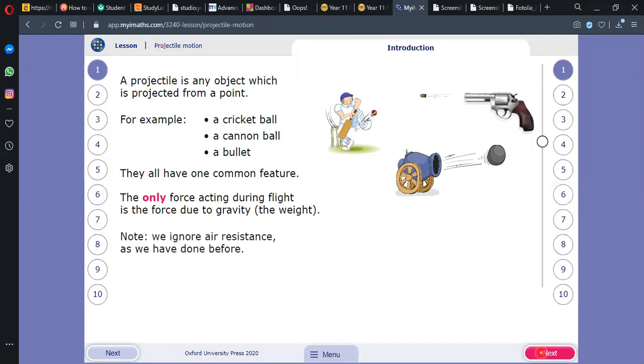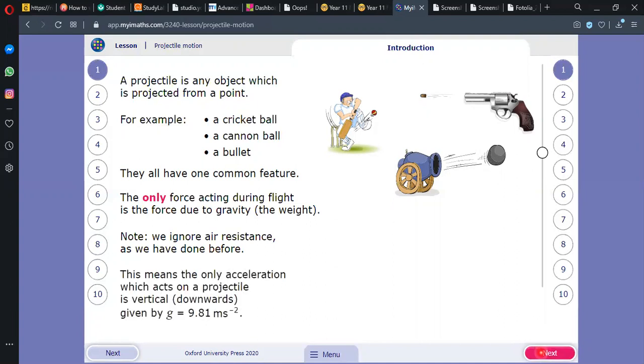You might be thinking that another force that might be affecting the objects in this example could also be air resistance. But we need to note that we always ignore air resistance, as we have done before in other topics.